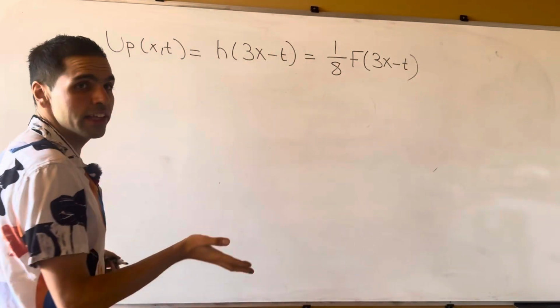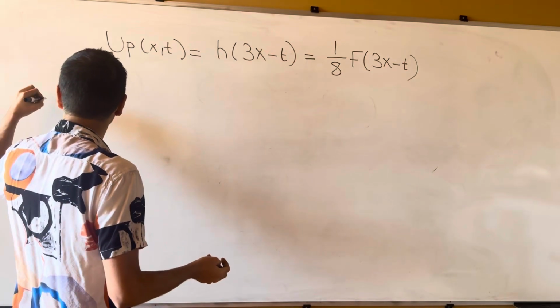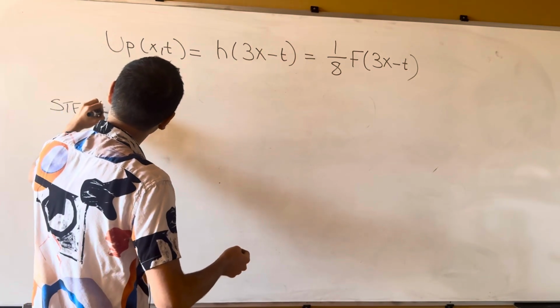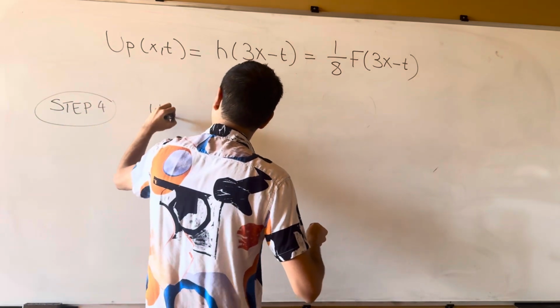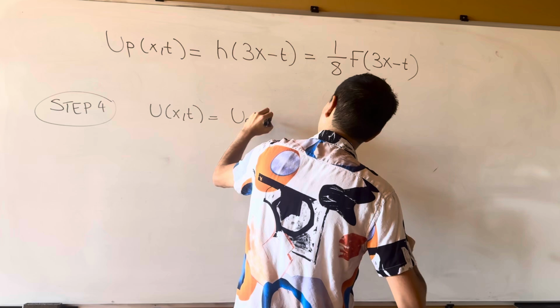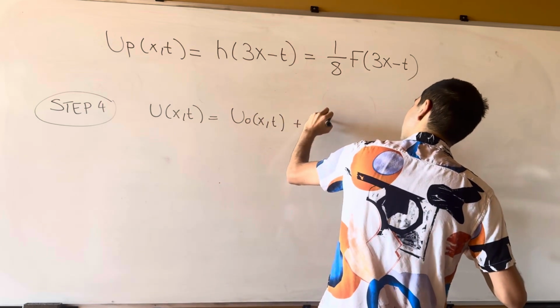And so in the end, we finally have our solution. So I think step 4 maybe, or 3. u(x,t) was the homogeneous solution plus the particular solution.